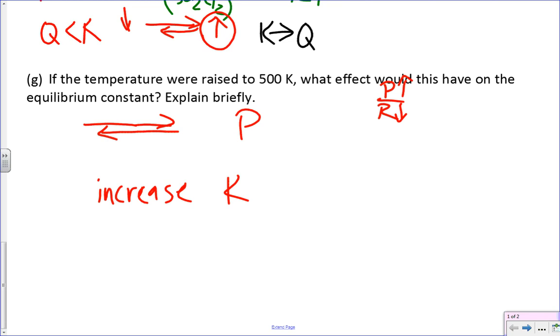That's going to favor the production of more products at equilibrium, and that means our value of K is going to increase. And remember, we're increasing both directions, but the endothermic direction is going to increase in rate more. In this case, that's going to favor the production of products.